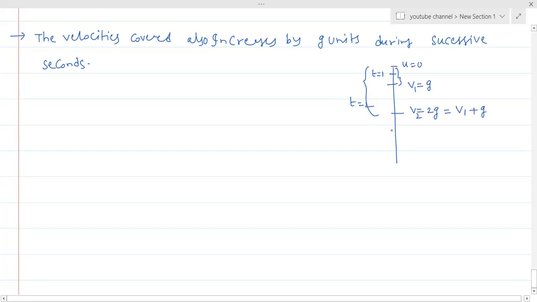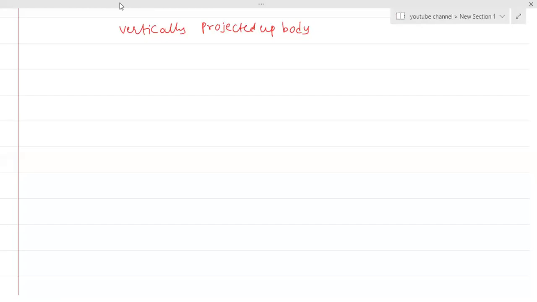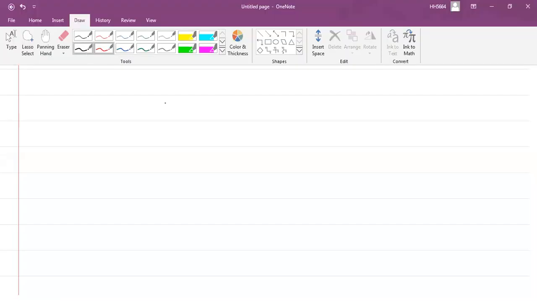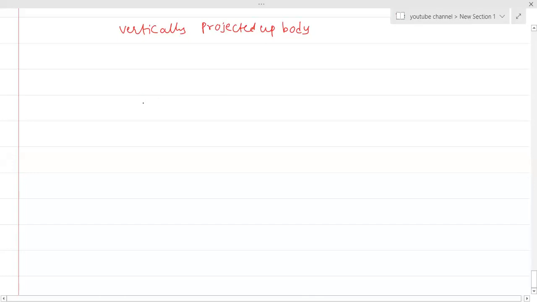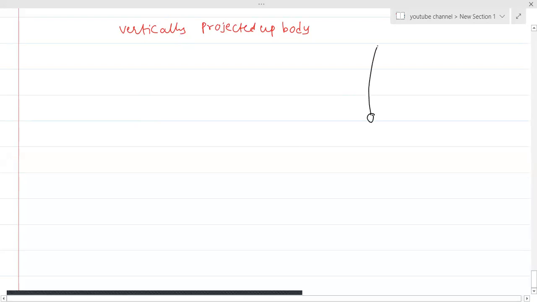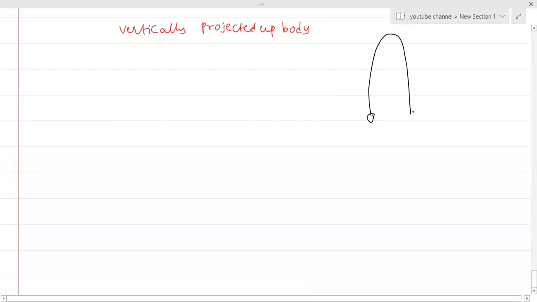After the freely falling body, we will project some more basics over the vertically projected body. When we think of a vertically projected up body, before starting, we need to understand some points.